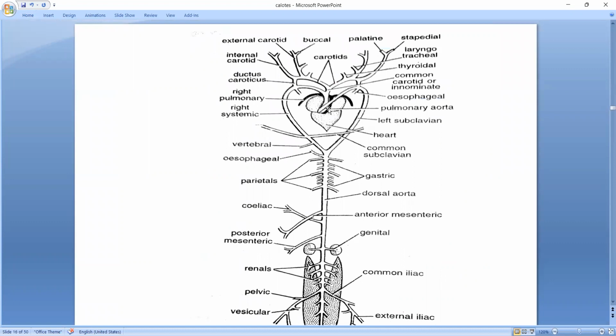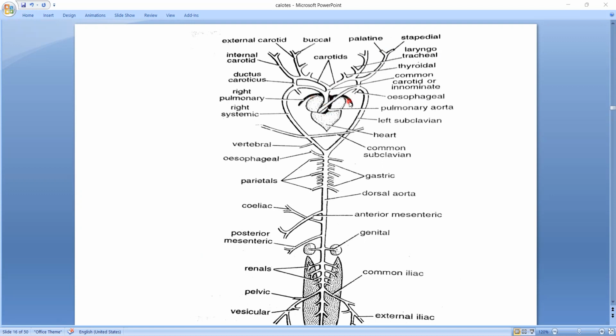Here, if you observe a black pulmonary artery, that is arising from the left side of the ventricle, and when it crosses the auricles, it is bifurcated into two pulmonary arteries.